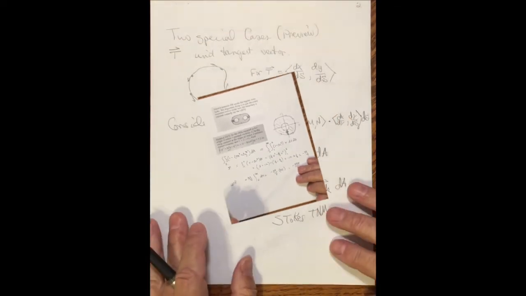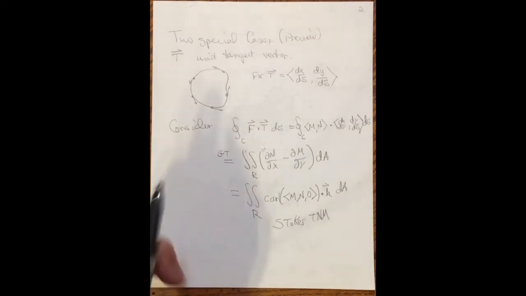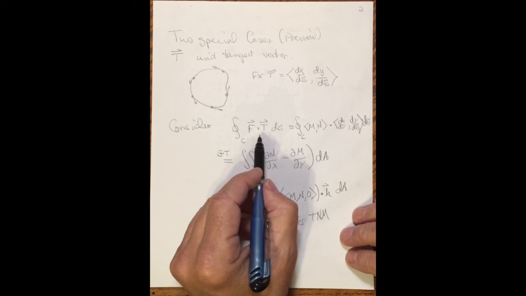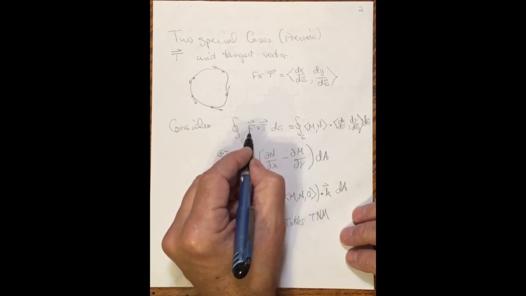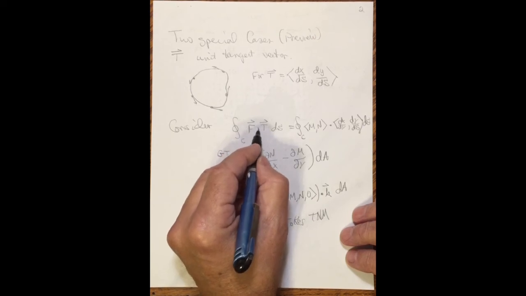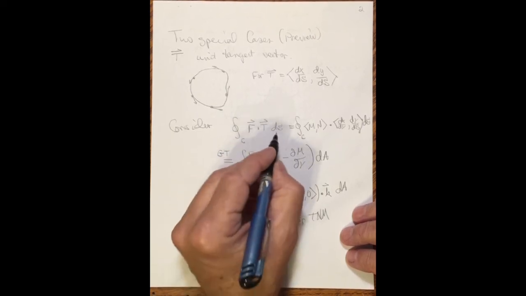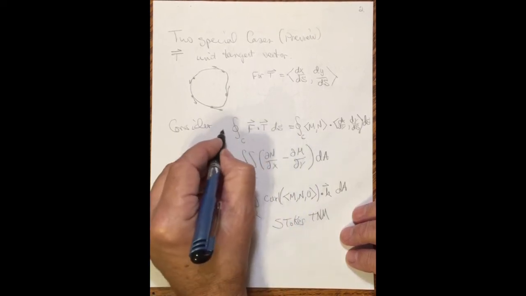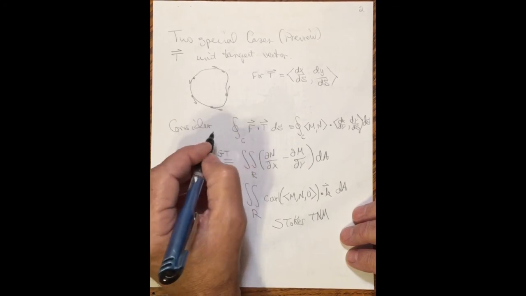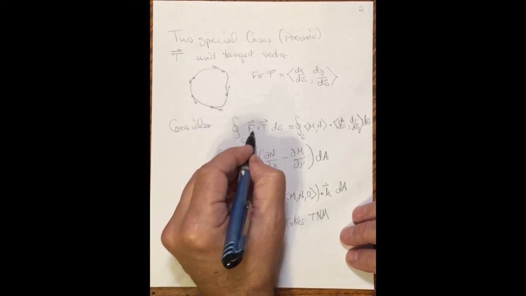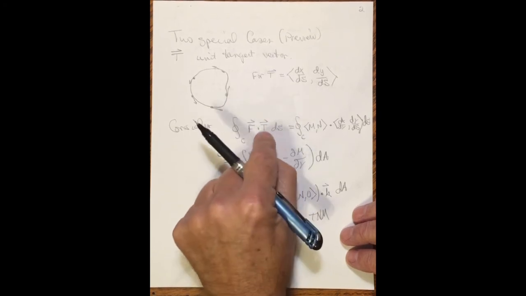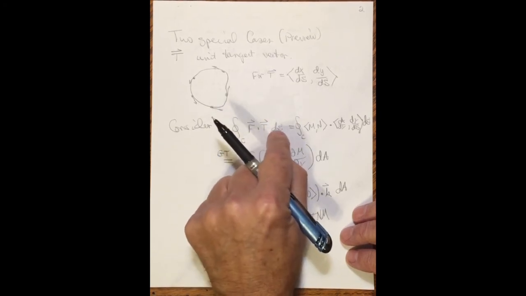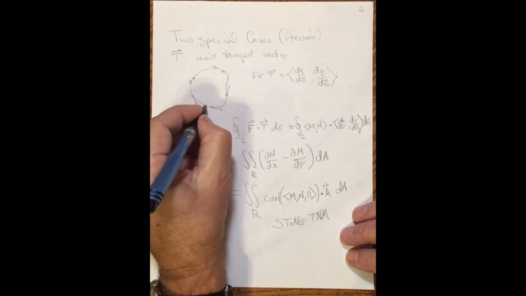Brief discussion. Finally, you remember one way we wrote line integrals was to write it as the vector function dotted with T ds. This is usually the way that work is defined. So you've got a vector function, the unit tangent vector gives you the direction you're going, and then the differential ds is a little piece of the curve.